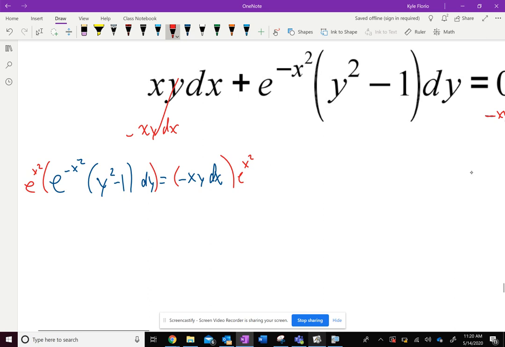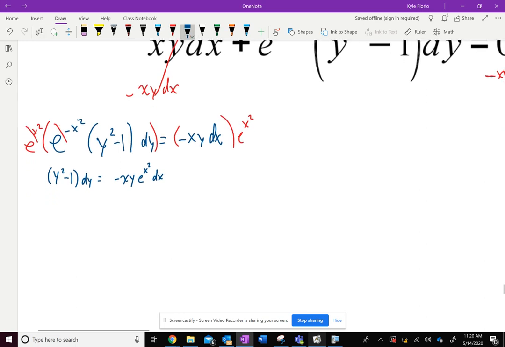When I multiply e to the x squared times e to the negative x squared, you add the exponents, and x squared plus negative x squared would be 0, which makes those cancel out. e to the 0 is 1, which is what we wanted. So I'll have y squared minus 1 times the derivative of y equals negative xy e to the x squared dx. And then to get rid of this y, I'm just going to divide it on both sides, and then we got our variables separated.